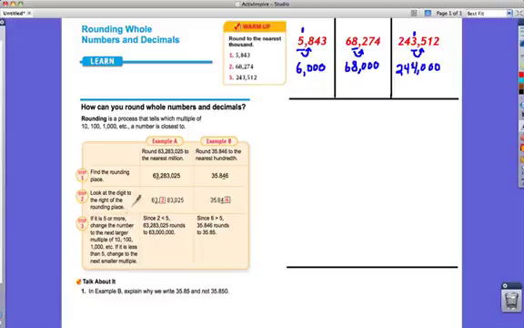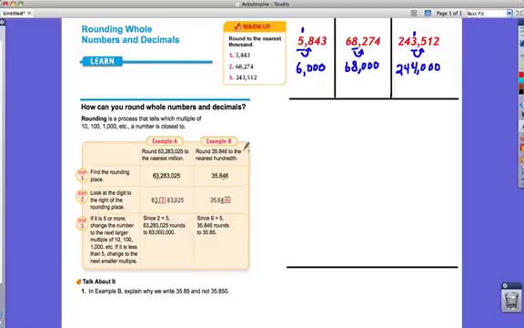Now in this case, it's exactly like I demonstrated earlier. Now if this number is below 5, well, this number will stay the same and the rest will become zeros. Now what do you notice down here? Didn't the 3 stay the same and the rest become zeros? Exactly. And then they brought down the 6. 63 million. Just like I showed you up here.